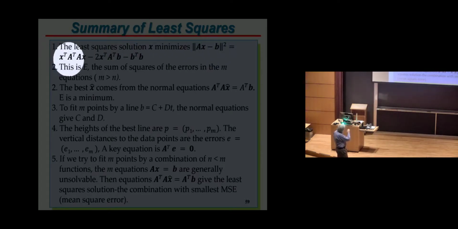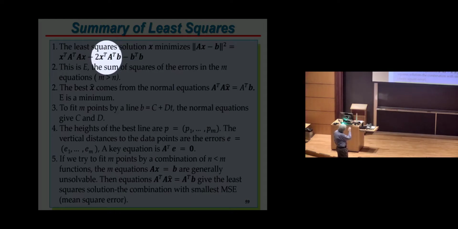And actually, you can even see it here. I have expanded this. I don't want to go into optimization theory, but you can see this is like x squared. So when you take derivatives with respect to x, you get 2A transpose Ax because it's a square. And here you're going to get minus 2A transpose b when you take derivatives with respect to x.